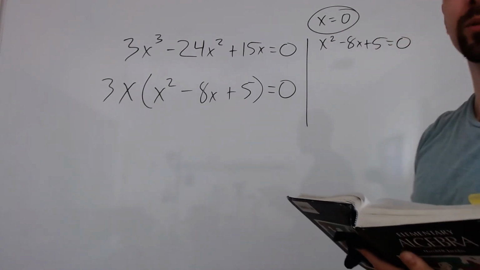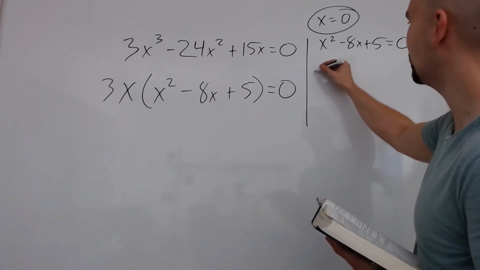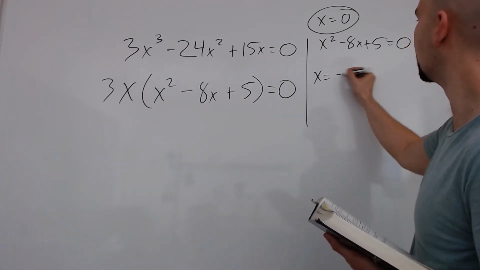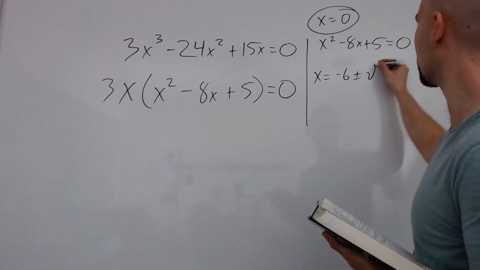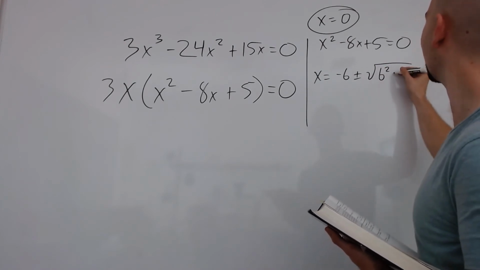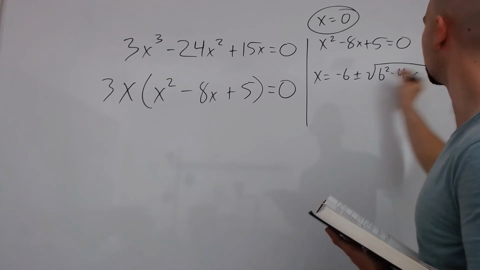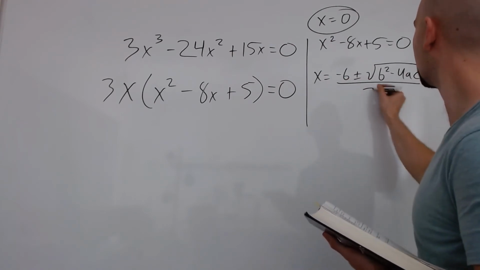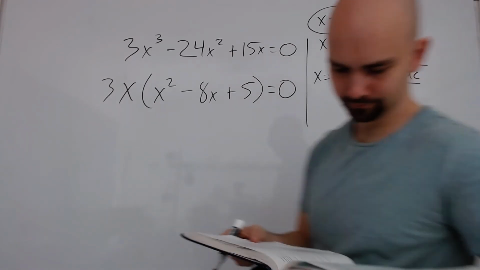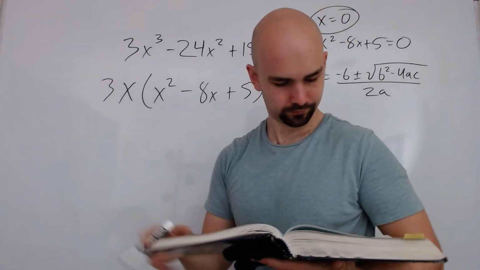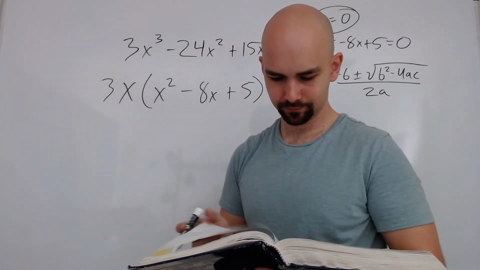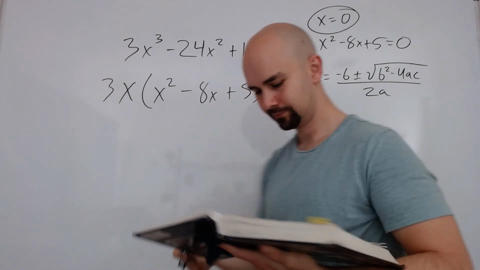All right, quadratic formula. Let's see if I have it memorized. X equals negative b plus or minus the square root of b squared minus 4ac over 2a. Did I do that right? Yep.